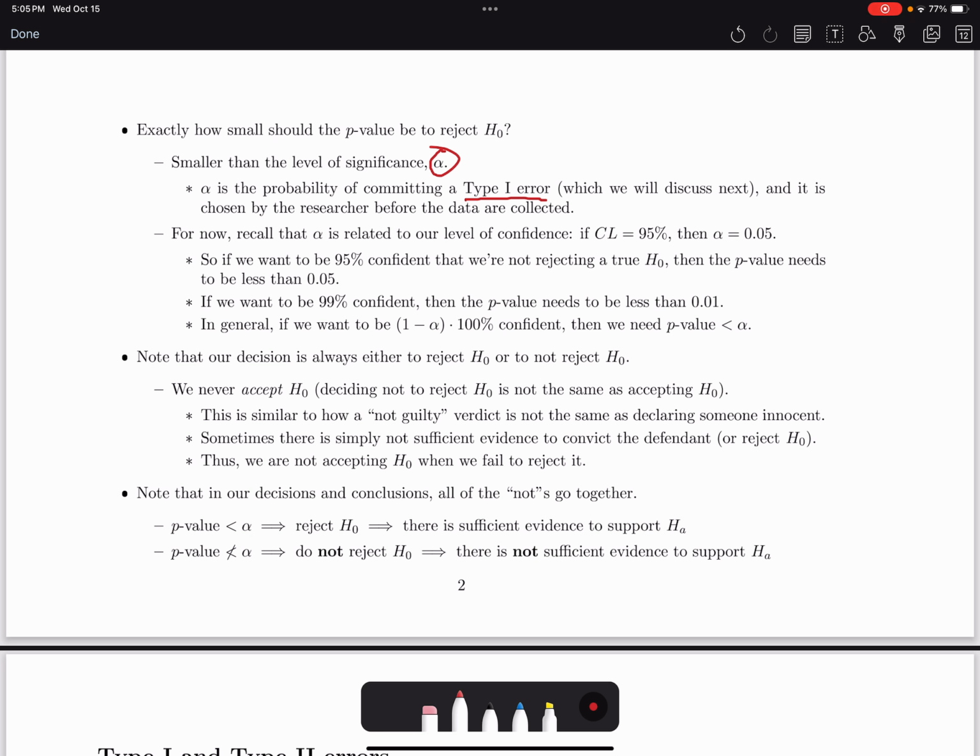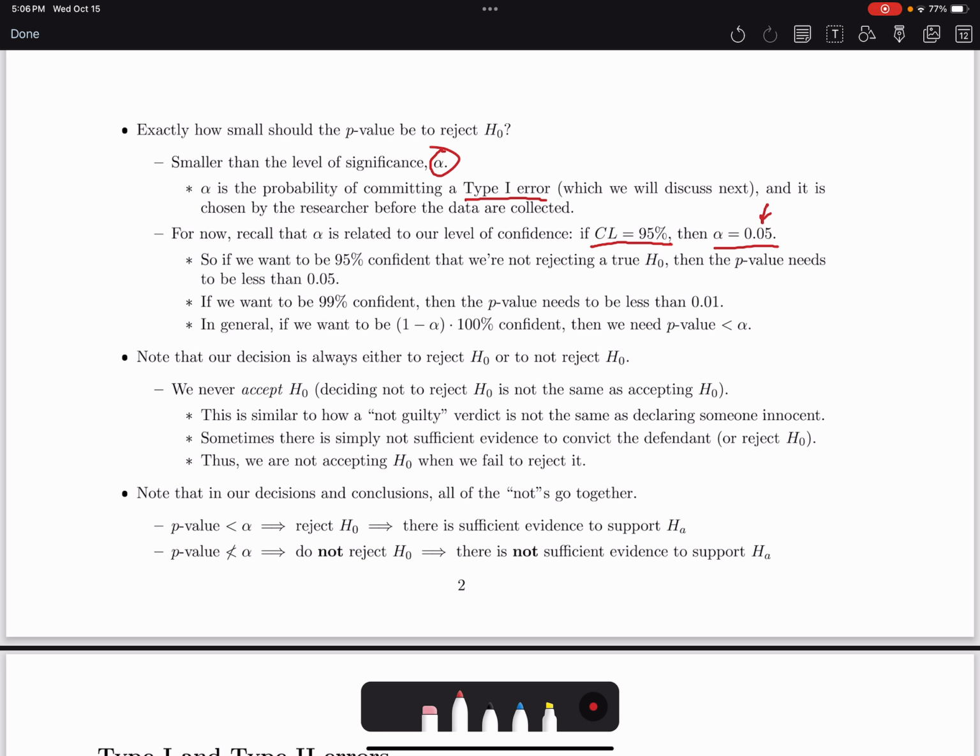Now, one of the things that we've discussed with alpha is that alpha is the complement of our confidence level. So if we have a 95% level of confidence for a confidence interval, for example, then alpha would be 0.05 because 100% minus 95% is 5%, and 5% is the same thing as 0.05.